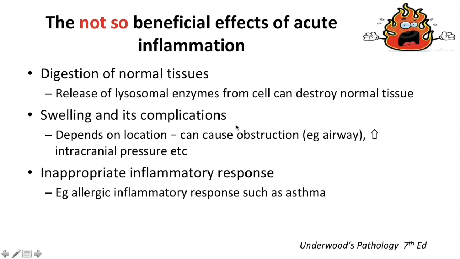You can have complications from the events that occur in inflammation, such as edema or swelling. Depending on the location, swelling can cause problems such as obstruction of the airway, increase in intracranial pressure, etc. And sometimes the inflammatory response is inappropriate. You don't want it to happen, but it happens anyway, such as in an allergic inflammatory response in asthma.